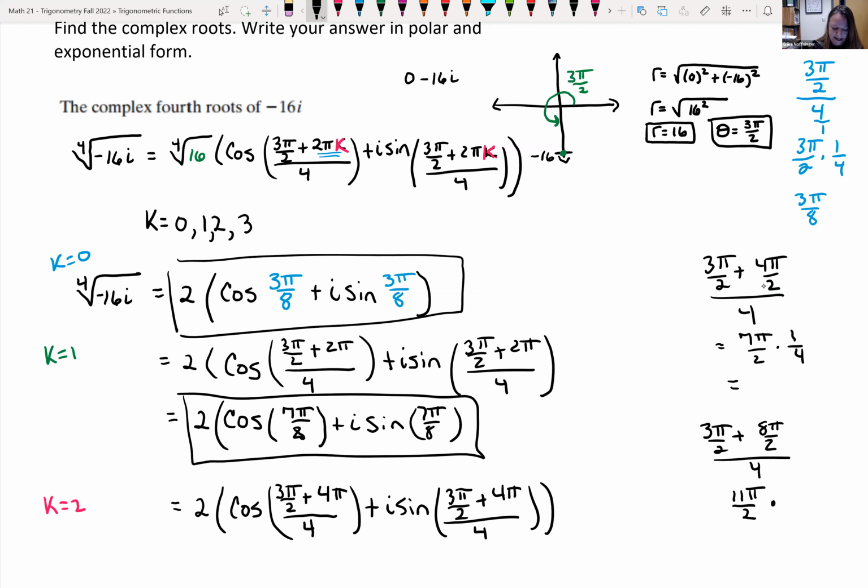Divided by 4 is the same thing as multiplying by the reciprocal of 1/4, which gets me 11 pi eighths. So when k is 2, I have 2 times cosine of 11 pi eighths plus I sine of 11 pi eighths.